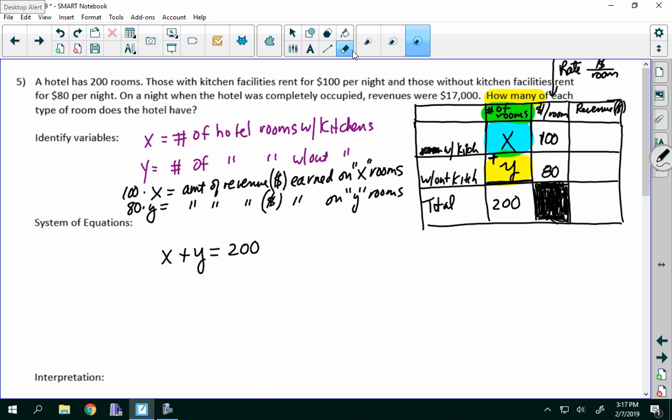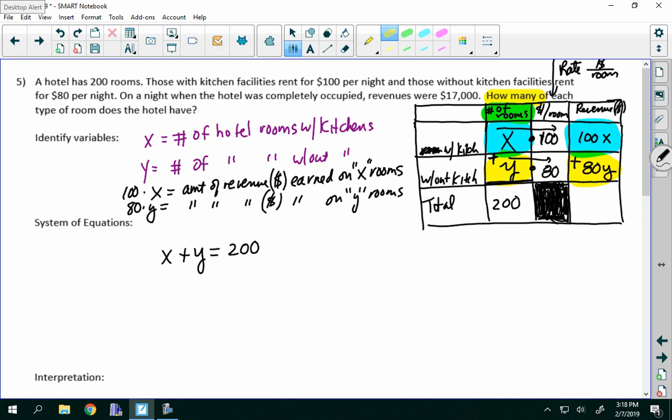Now if I use the same idea that I did earlier, and I'm trying to figure out what this cell represents, I look at my heading, revenue from rooms with kitchens, and that's simply this multiplication right here horizontally, 100x. And if I look at this cell right here, that's the revenue from rooms without kitchens. And again, if I multiply straight across, that's 80 times Y.